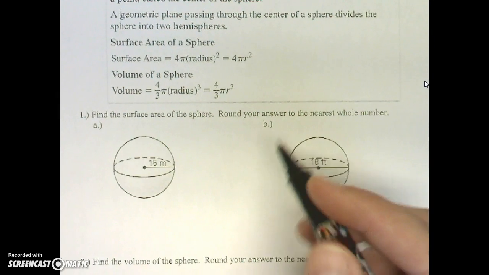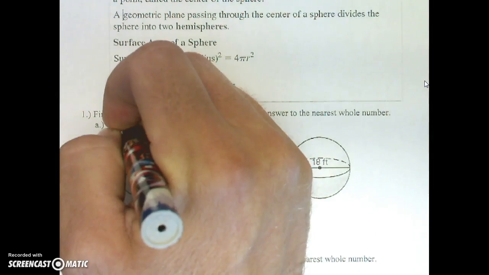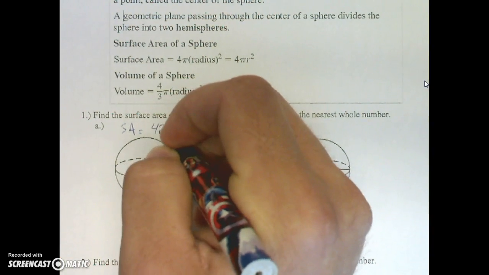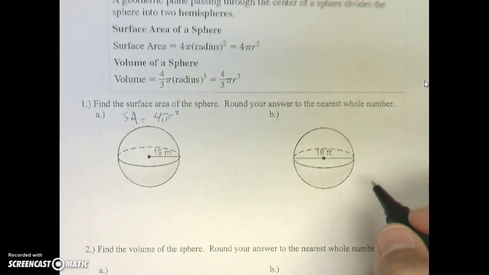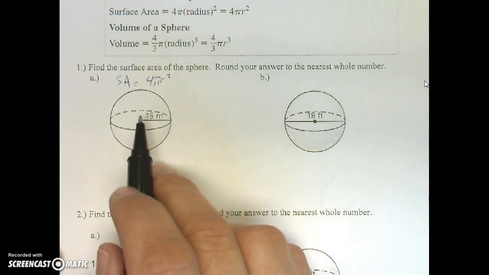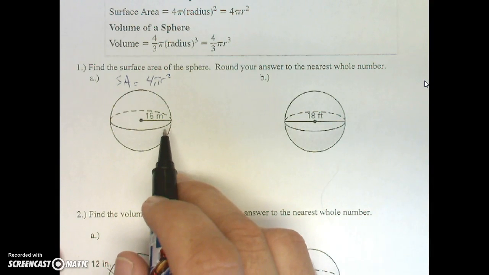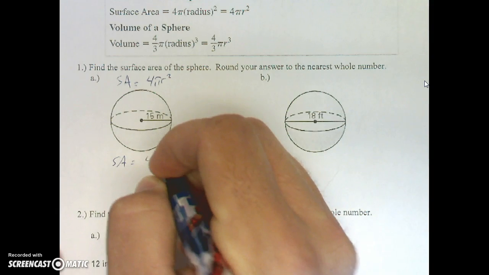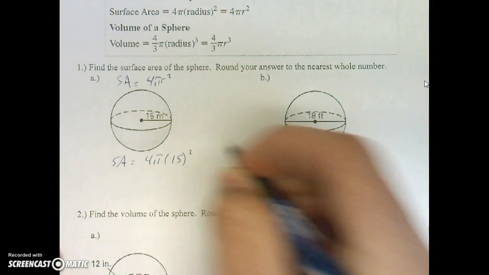So here we go. Find the surface area of the sphere. I'm going to go ahead and write down my formula to help me out: 4 pi r squared. The toughest part here is just figuring out what your r is. Well, I think by now you guys are all experts on this. My radius is 15. So surface area equals 4 pi 15 squared.